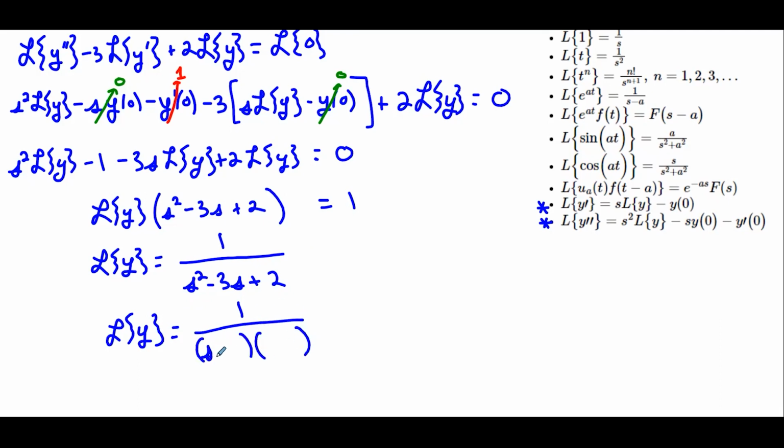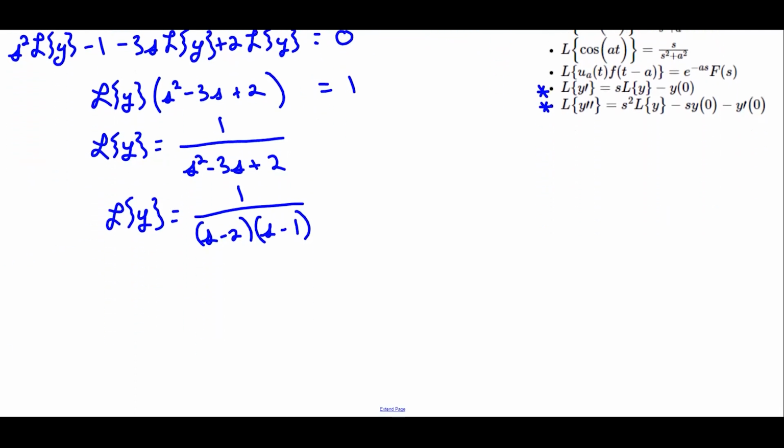So what is it? It's going to be s minus 2 and then s minus 1, right? So we just need to take this rational expression here and split it up into two fractions and use the method of partial fractions, the partial fraction decomposition.